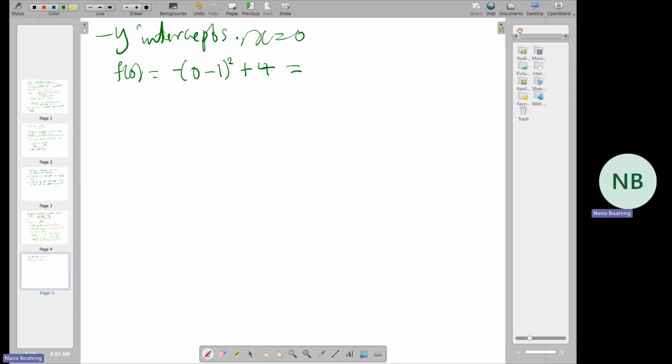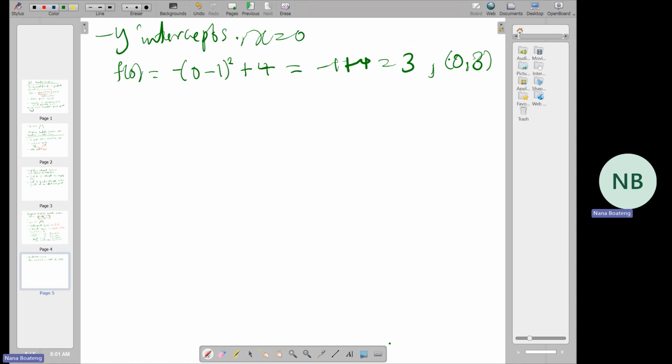This equals minus 1 plus 4, which equals 3. So at the y-intercept, x is equal to 0, and we have the pair of points (0, 3).